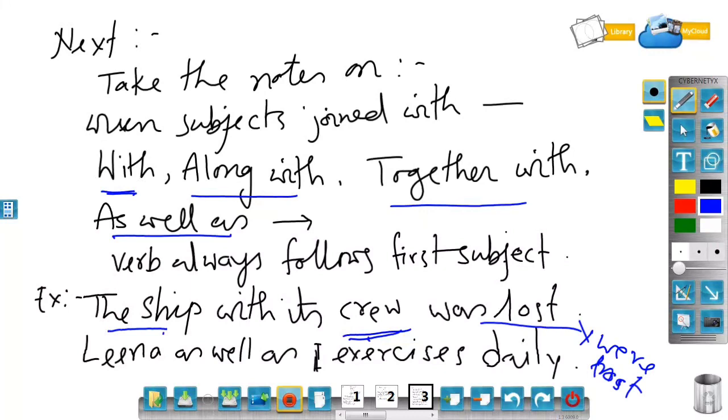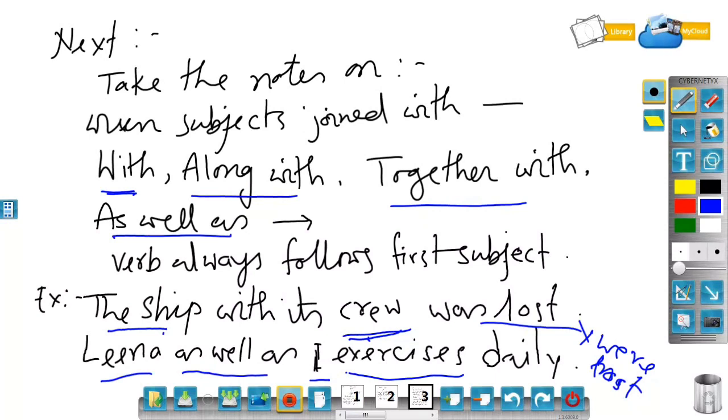Okay, Lina as well as I exercises daily. You generally know that I is singular in sense, but it always follows the plural subject. Generally in English it is I exercise daily, Lina exercises daily.